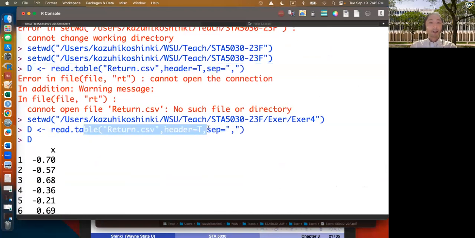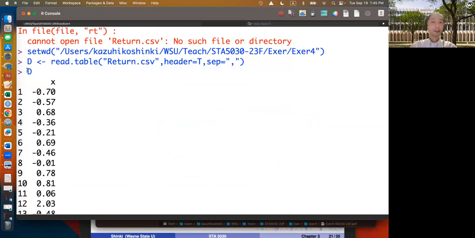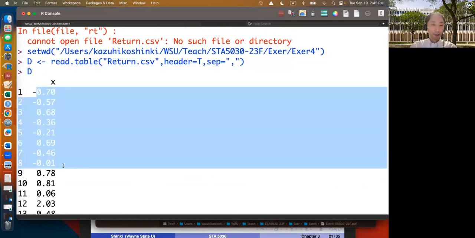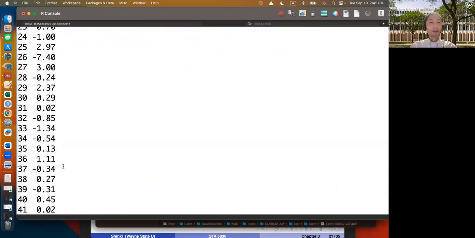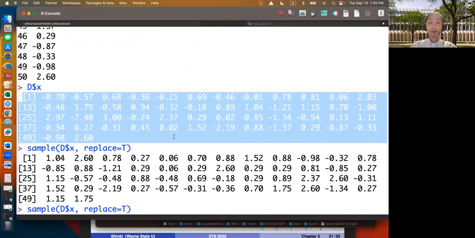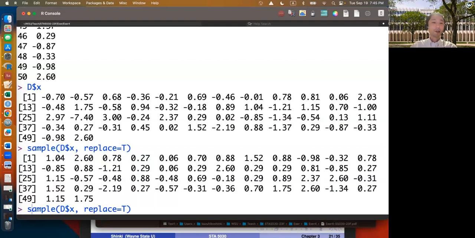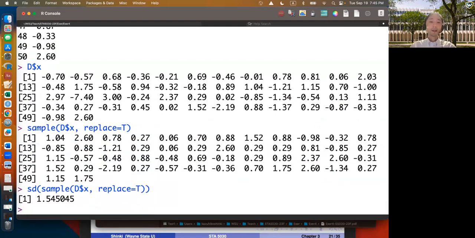After reading the table, this is actually a data frame, so we want to get $X to get these values as a vector. So $X is a vector with these 50 observations. We sample this, then take the standard deviation. So this is one simulated standard deviation.